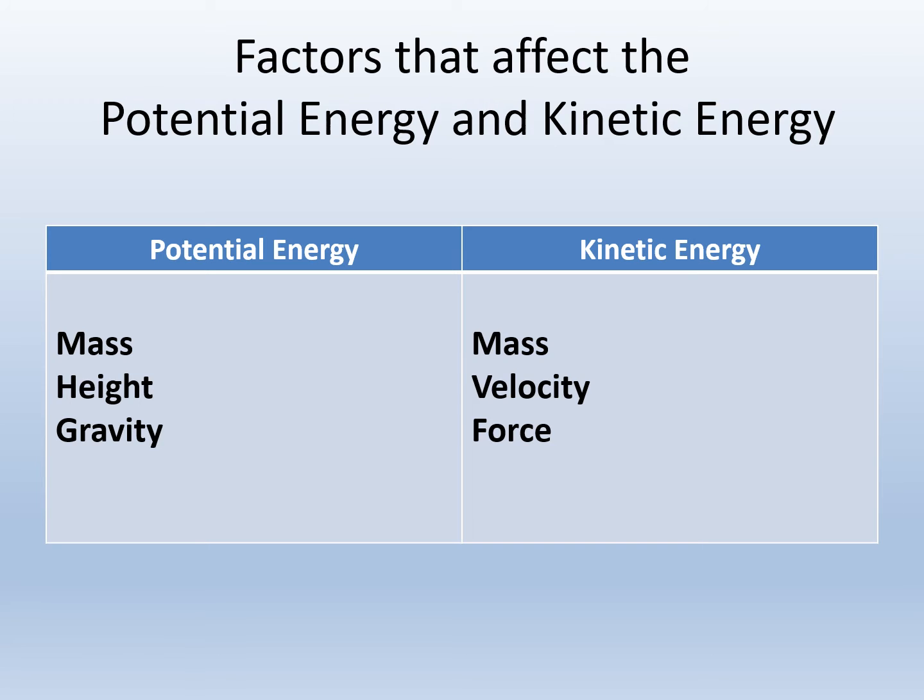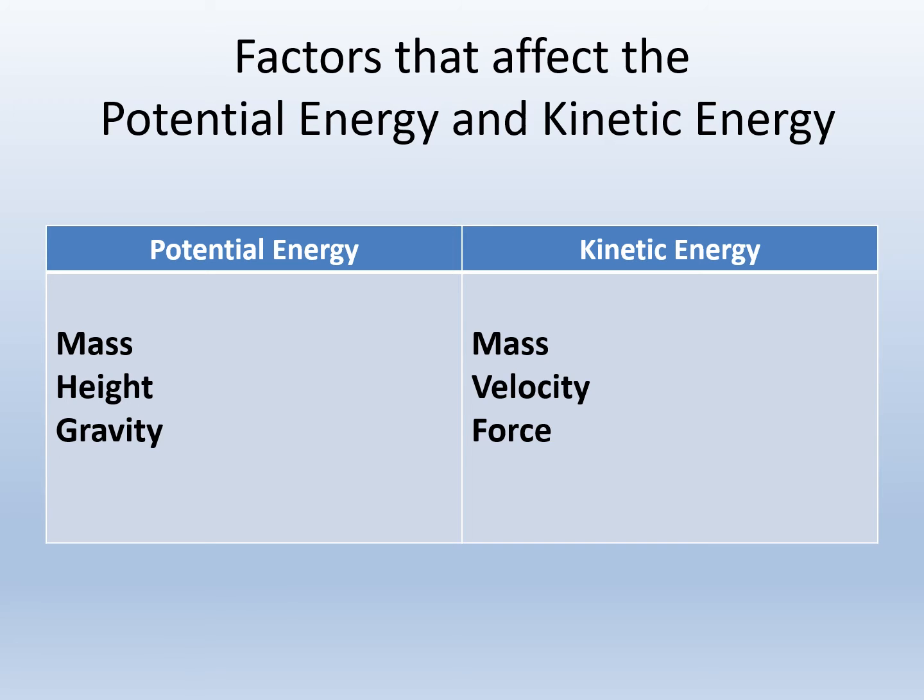How about for the height? The higher the position of the object as it falls, it means that it has higher potential energy. And for the gravity, this is constant. Like on Earth, we have 9.8 meter per second squared, and this is constant.